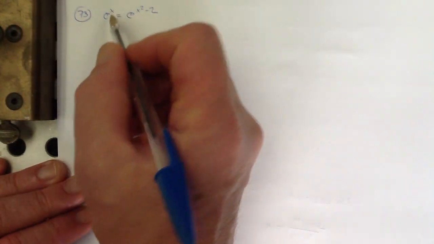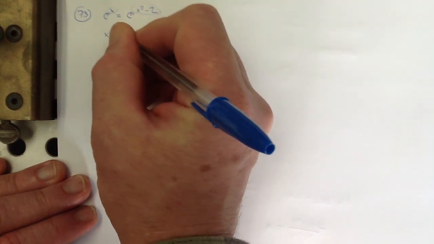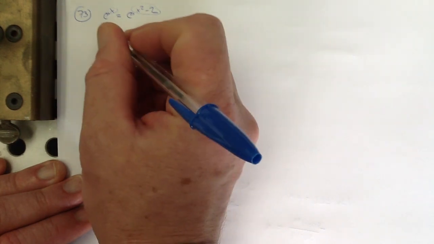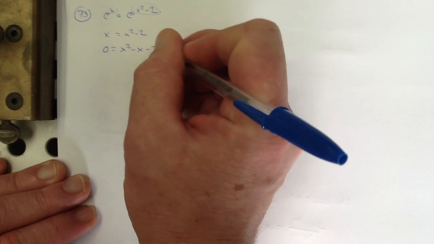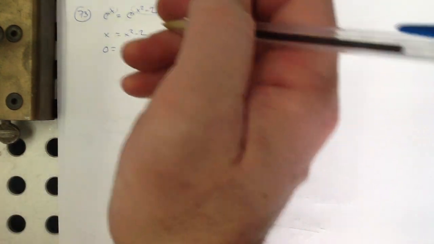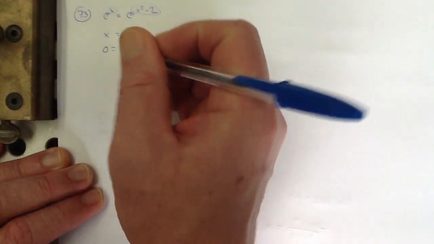If you recognize that if e to the something equals e to the something, then those two things have to be equal to each other. And I know how to solve that problem if I subtract the x over to this side. Then factor that.